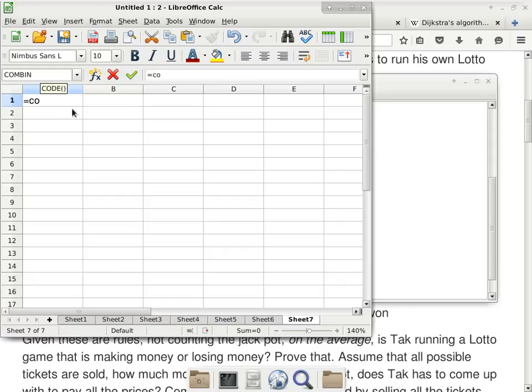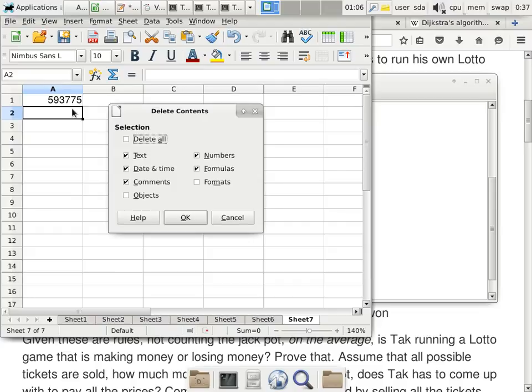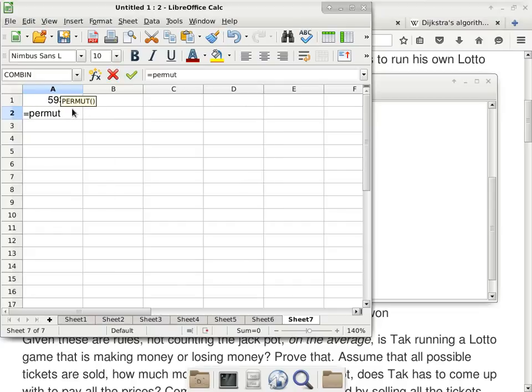So we have COMBIN(30,6). This is the number of combinations of 6 numbers, choosing 6 numbers out of 30. And then we have PERMUT, 3 out of 3. We already know that's just 6. Then we are looking at the product of these two. So this is the actual number of possible tickets.